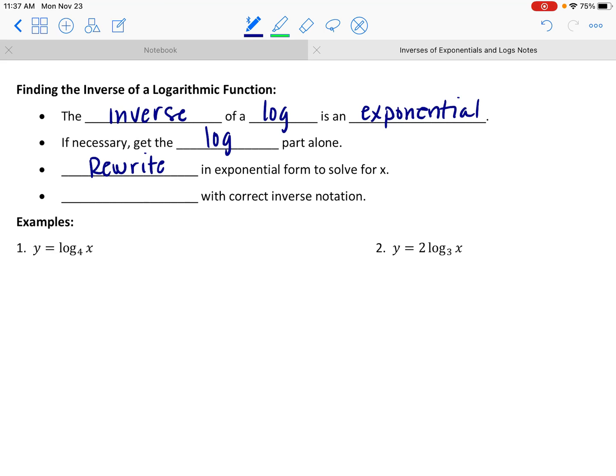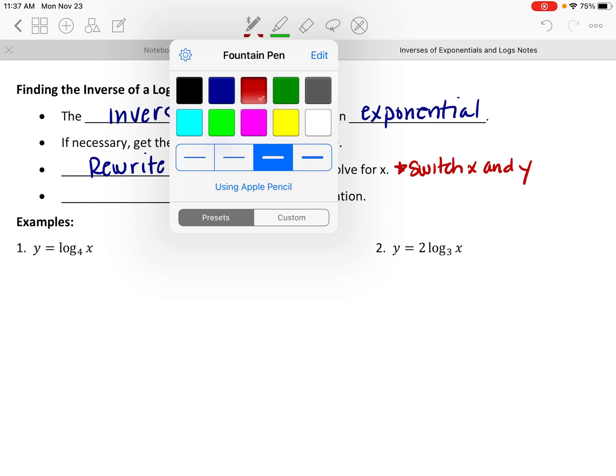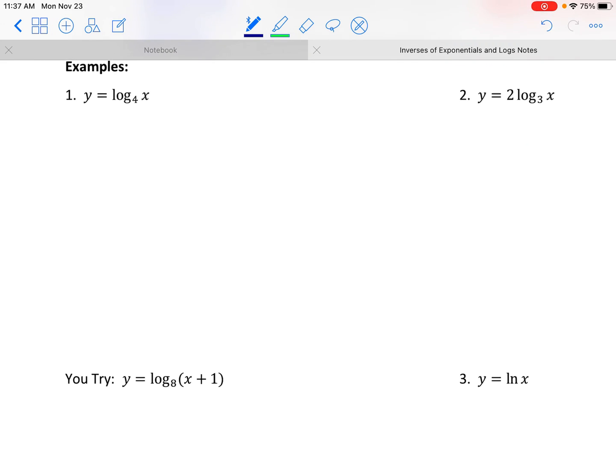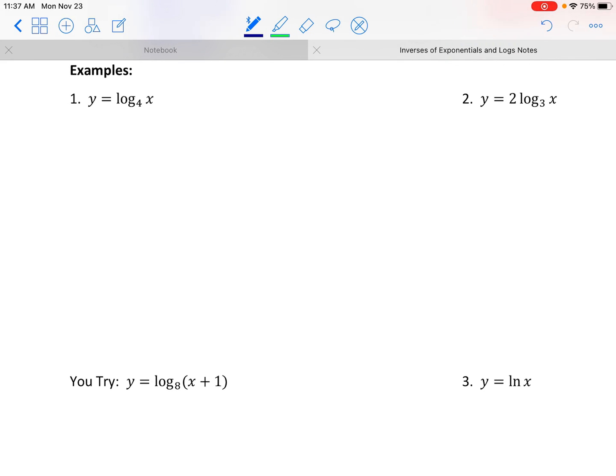And then I just want to switch, again I don't know why I didn't put the step in here, switch x and y, and then we're going to write with our correct notation. Okay, so let's try this out here. If I wanted to solve this one for x, I'm going to rewrite my log in exponential form.